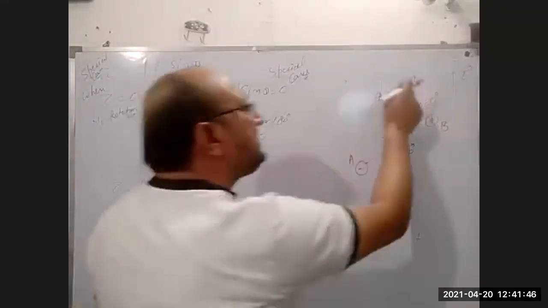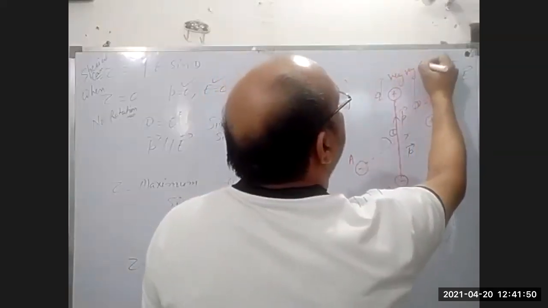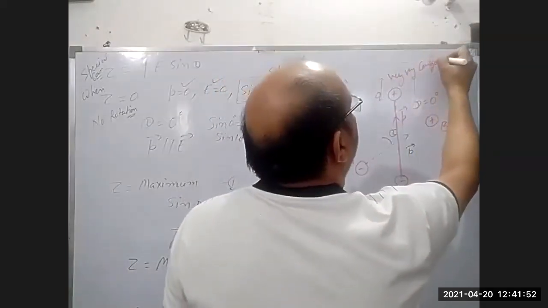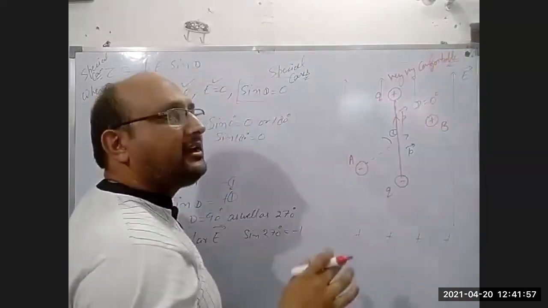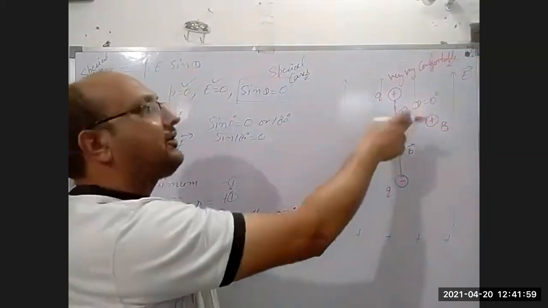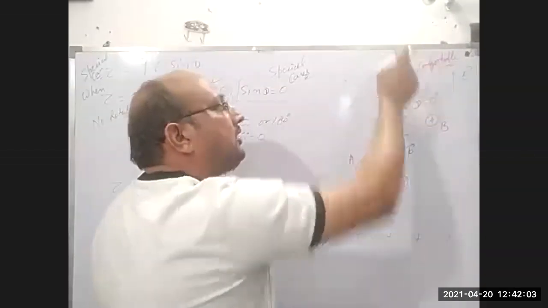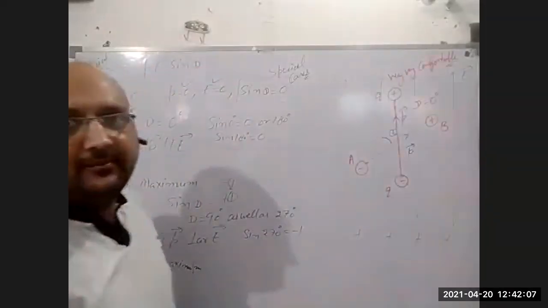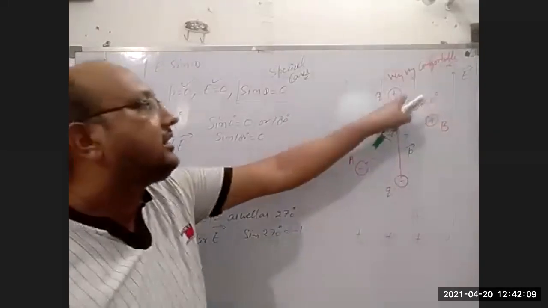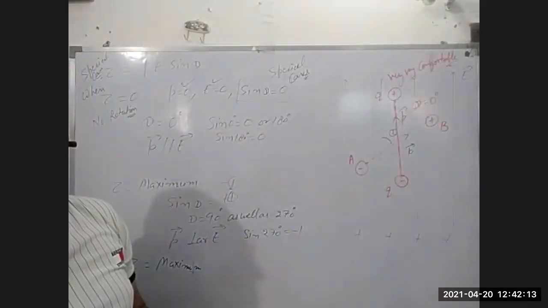Now this charge is very comfortable. It rotates only when it needs to rotate. It wanted to go to this point, but now it has achieved this, so there is no reason for moving.